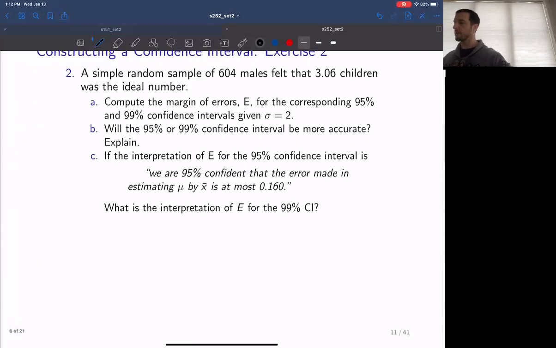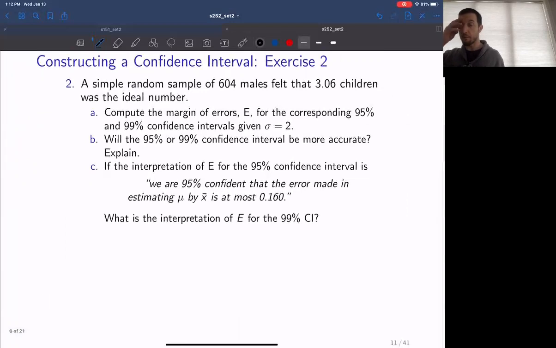Okay, so exercise 2: a simple random sample of 604 males felt that 3.06 children was the ideal number. Compute the margin of error for the corresponding 95 and 99% confidence intervals given sigma is equal to 2. Will the 95% or 99% confidence interval be more accurate? Explain.